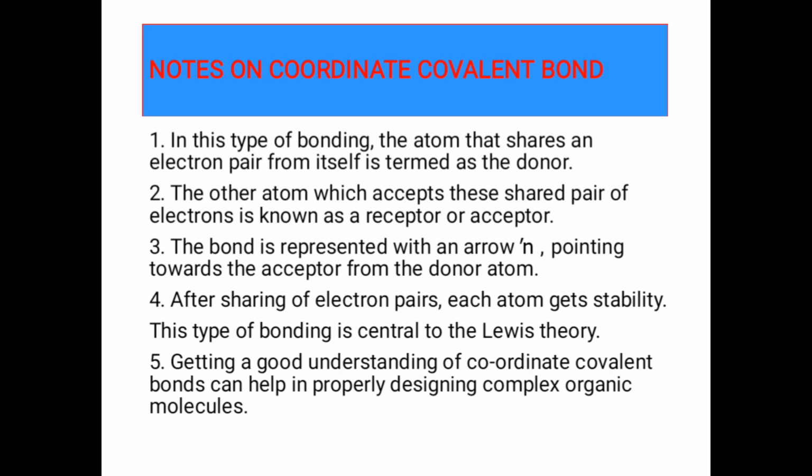So in coordinate bonding, you have the donor and the acceptor. Number three is that the bond is represented with an arrow pointing towards the acceptor from the donor. We want to show that the electrons used for pairing are coming from the donor towards the acceptor. So we must show that arrow there.